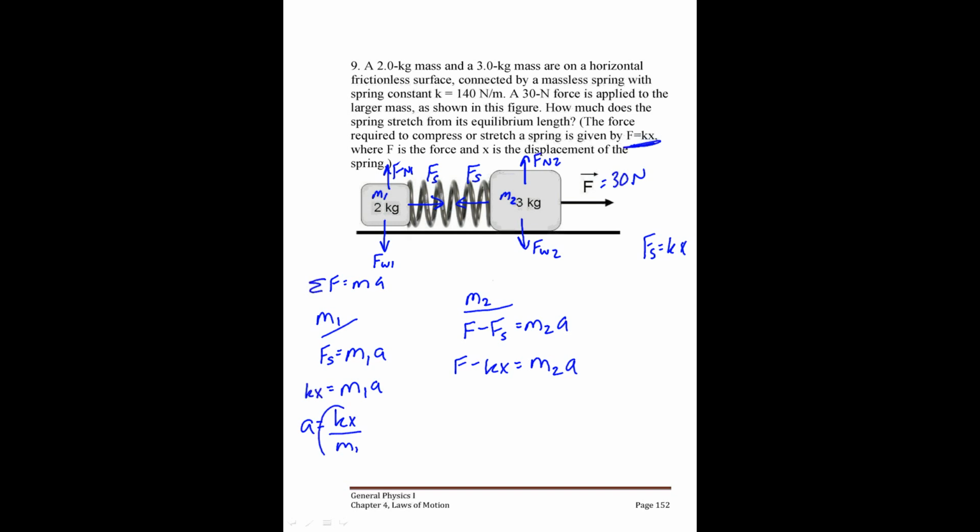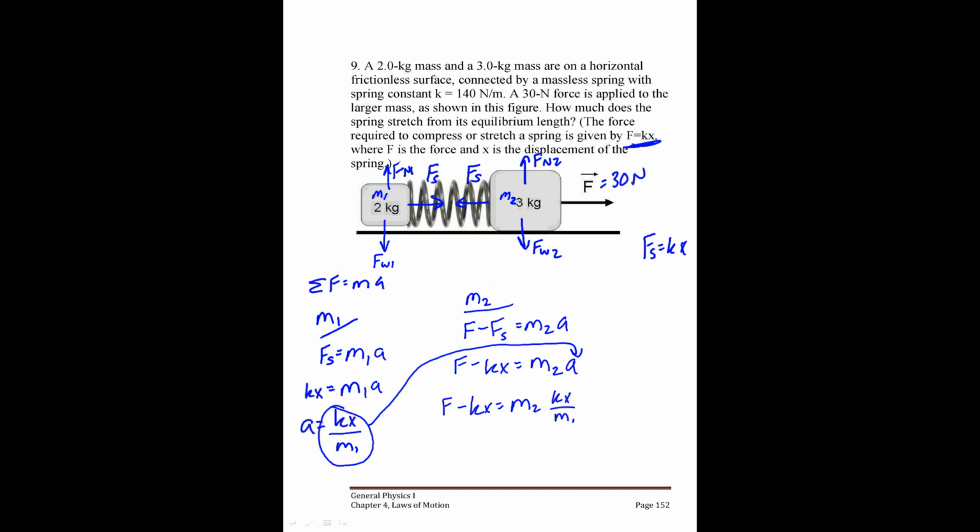Then I'll plug it in over here for a. So on this right equation, I'll only have one unknown. F minus kx is equal to m2 times kx over m1. So I'll solve that for x.